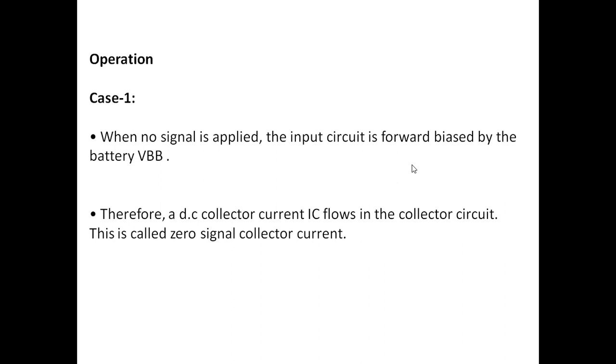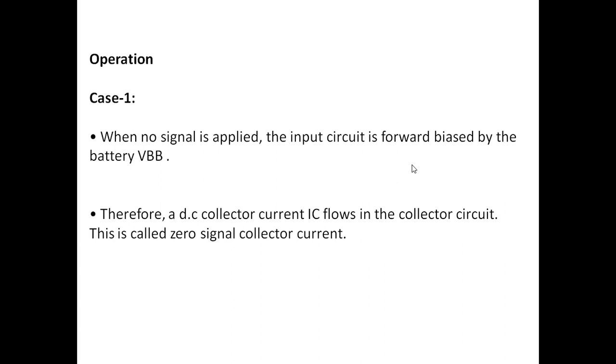What is meant by zero signal collector current? Without giving any input signal, means without applying a voltage source at the input side, some amount of current flows due to the DC voltage applied in the circuit.